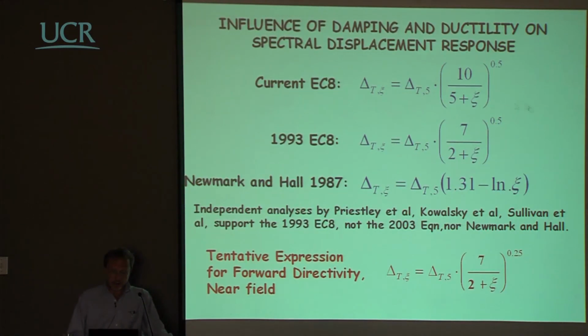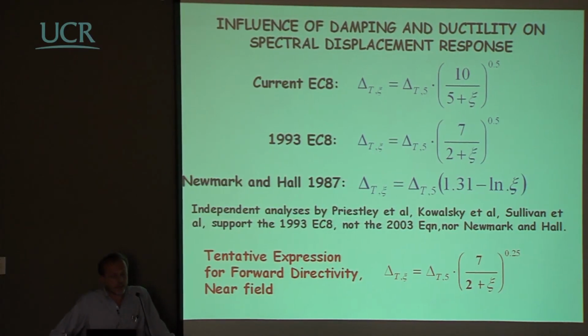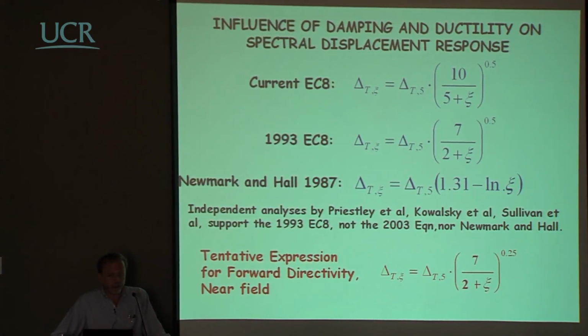And the other point is that to take into consideration the fact that when you're dealing with a strong pulse with some sort of forward directivity in near field, the effect of viscous damping is less. In our book, there is a proposal to change the exponent of this parenthesis, reducing it from 0.5 to 0.25. This has been just a brilliant guess of Nigel, so there are not so many seismological studies, but we believe that this is appropriate.